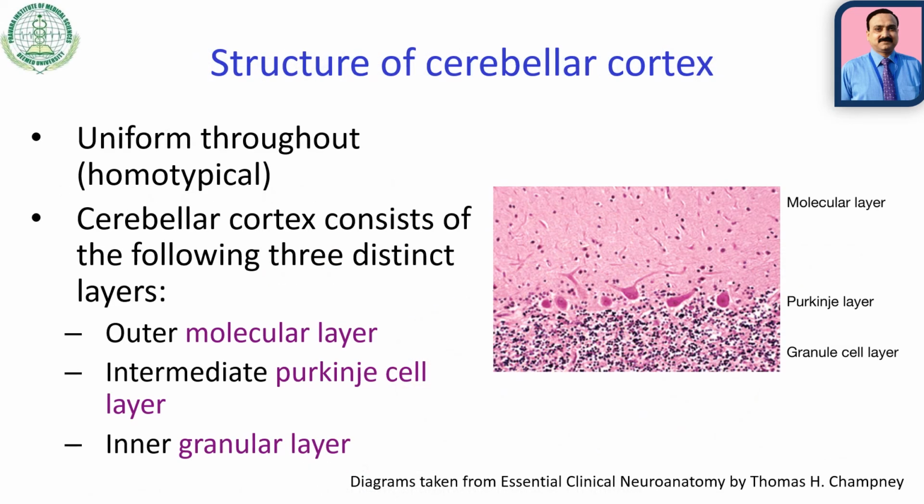The cortex in gray matter is uniform throughout. Like in cerebrum, the thickness of the cerebral cortex varies from place to place depending upon the function, but in cerebellum it is uniform throughout. So this type of cerebellar cortex is called homotypical cortex.